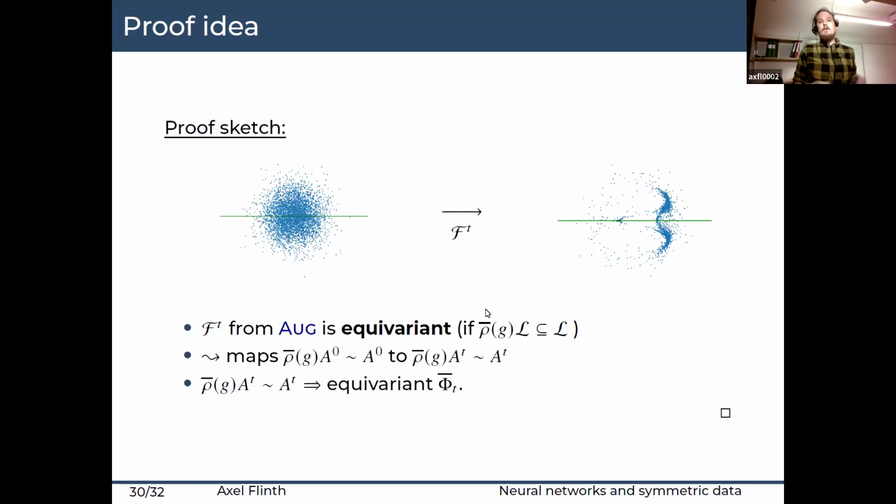Then it's quite easy to show that if I start with something which is symmetric, it will stay symmetric for all t. And then we use the structure of the neural networks to argue that the invariance of the weights is actually enough to show that the network outputs, when averaged, turn my ensemble equivariant.